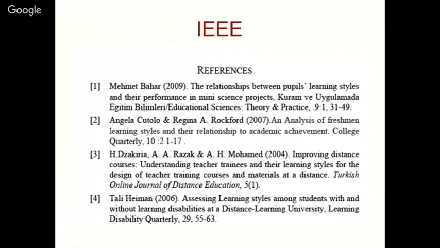So you can say Mehmet Bahar, 2009, relationship between pupils' learning style and their performance; Angela Cutolo and Regina Rockford, 2007; H. Zakaria, Razak, and Muhammad. So you see here, the first name comes first and the second names come later. But in social sciences, the second name comes first and the first name comes later. So these are the differences to be taken into account.